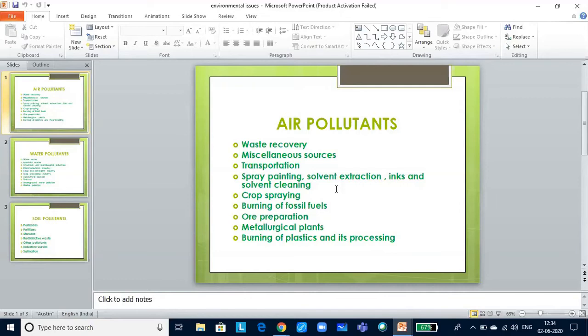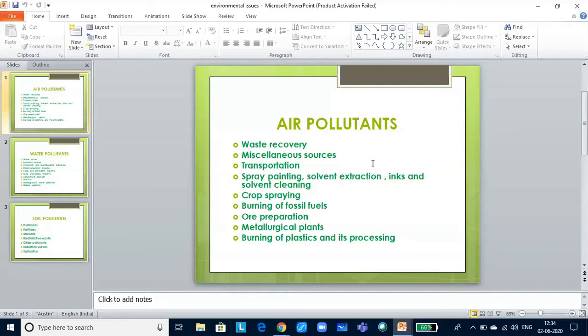The hydrocarbons and vapors can be emitted, crop spraying, burning of fossil fuels, ore preparation, metallurgical plants, and burning of plastics and its processing. So if you look at it, they all release pollutants like organophosphates, chlorinated hydrocarbons, lead, arsenic, or nitrogen oxides, oxides of carbon, like carbon dioxide, carbon monoxide, and beryllium dust, and so on.